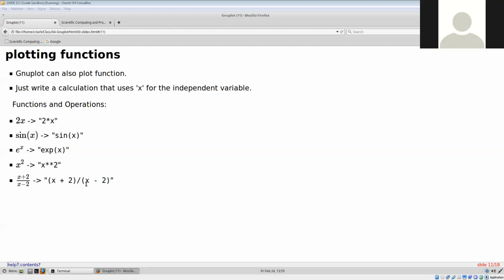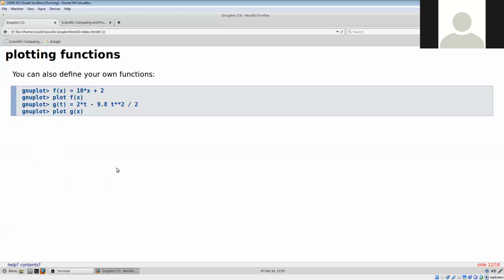Otherwise, this is going to be x plus 2 over x, all of that minus 2. Tyler, I believe you tried to write some sort of program to parse expressions like this before you found out about RPN, but this is essentially algebraic calculator type of syntax.